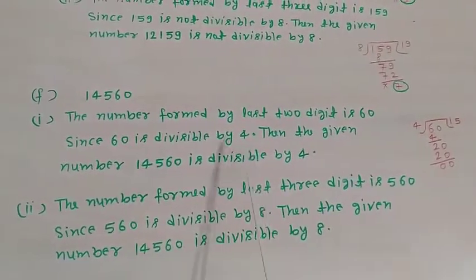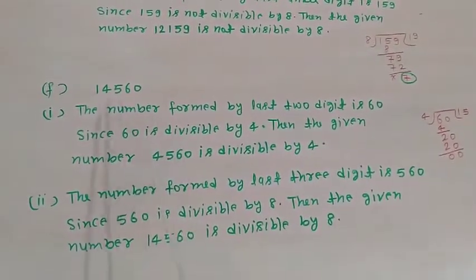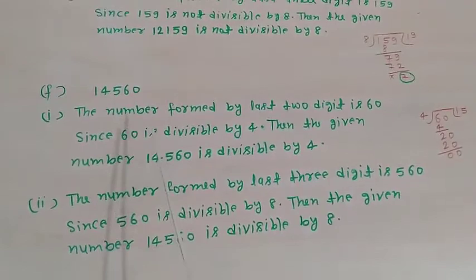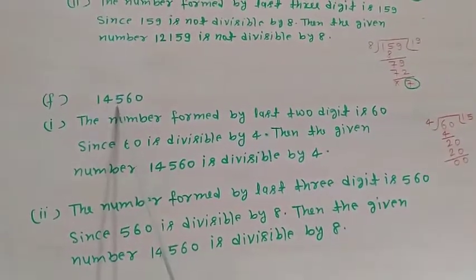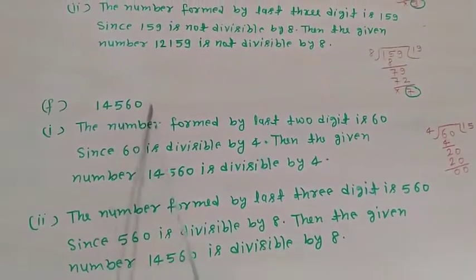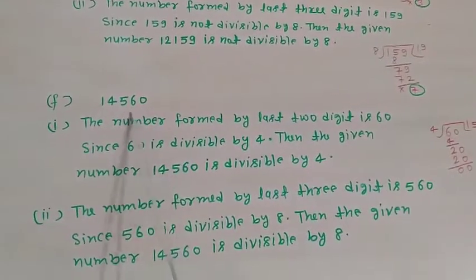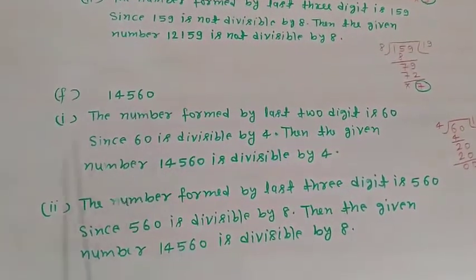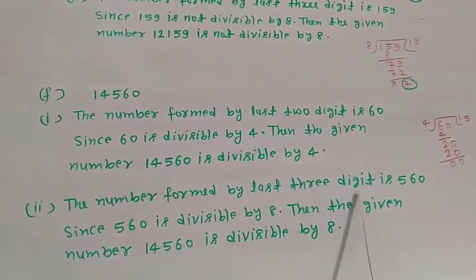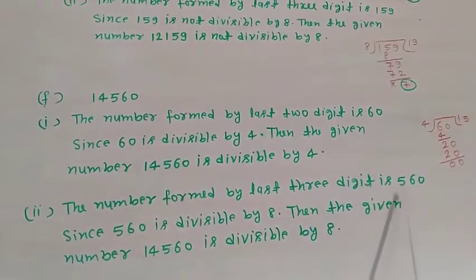Now we check divisibility by 8. For this we check the last three digits, 560. So the number formed by the last three digits is 560.